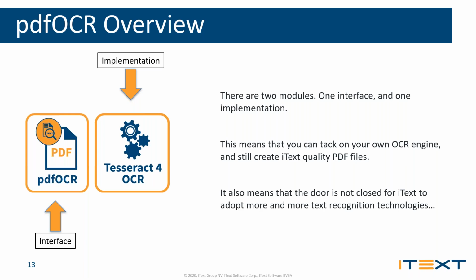You can still use iText to generate iText quality PDF documents, or PDF/A, which is something that we'll discuss further down. It also means that we don't want to close the door and just adopt Tesseract 4 and be done with it in terms of OCR strategies. We want to leave the door open because we see that there's a lot of movement in this area.